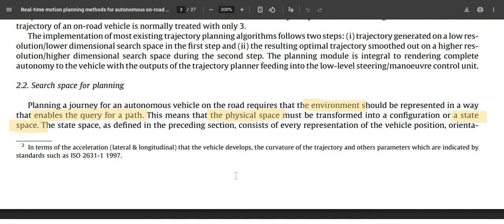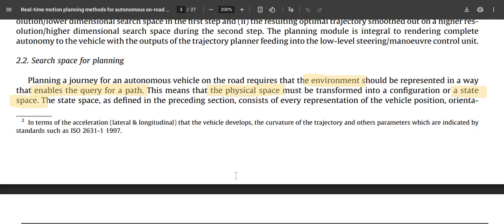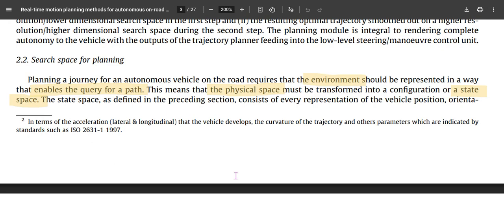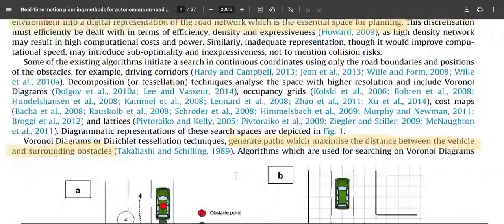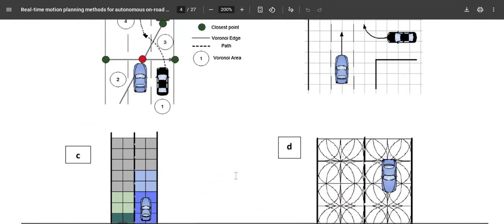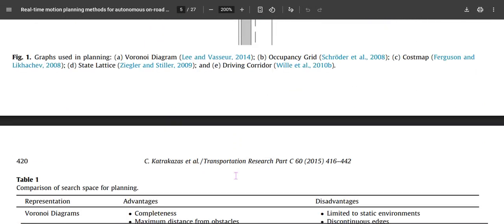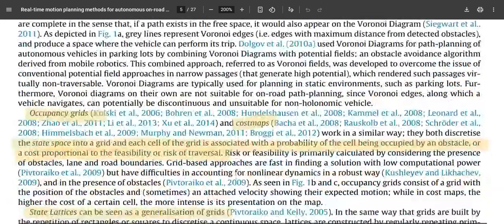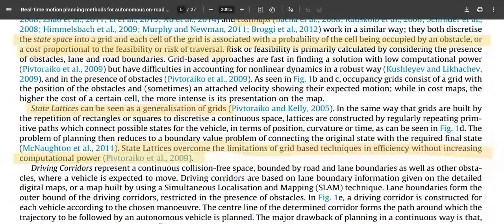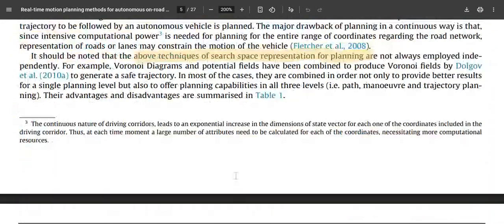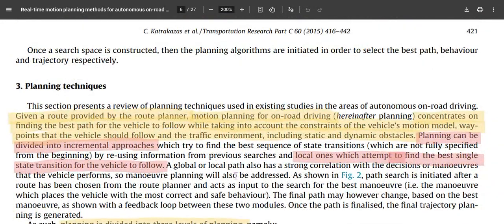And how can the search space be defined? There are different ways the environment can be defined, like a physical space that can be embedded in a Voronoi diagram, or in an occupancy grid, or in driving corridors or state lattices. For these terminologies we are forced to refer to other papers for a deeper understanding, as I myself found them hard to understand through this paper.